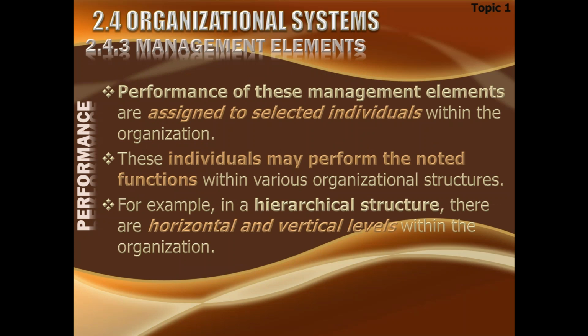Performance of these management elements are assigned to selected individuals within the organization. These individuals may perform the noted functions within various organizational structures. For example, in a hierarchical structure, there are horizontal and vertical levels within the organization.